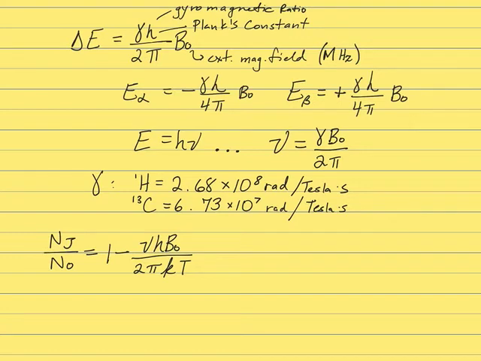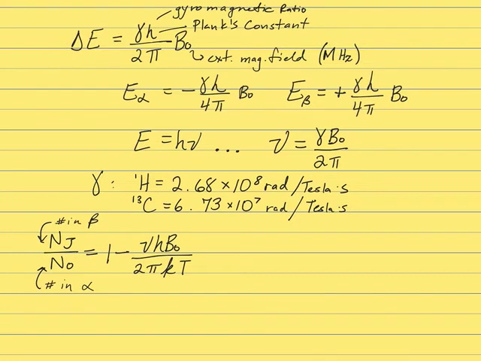In this equation, what we're essentially looking at here is that N naught is the number of spins in alpha, and N j is the number of spins in the beta state.